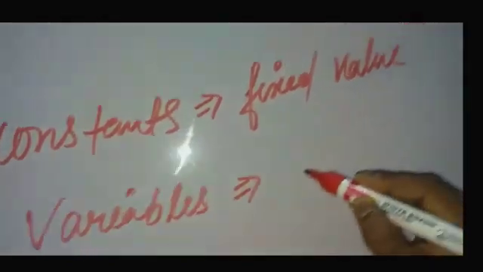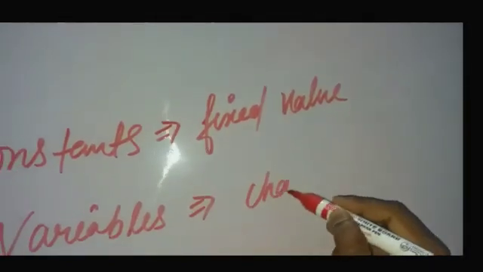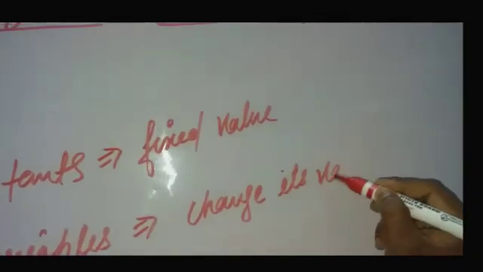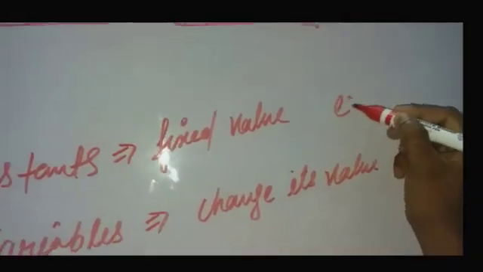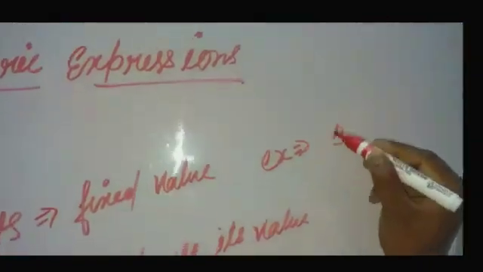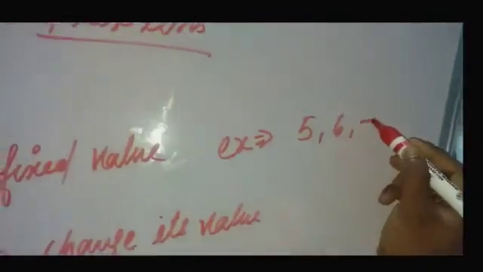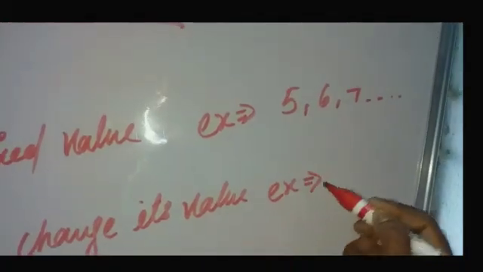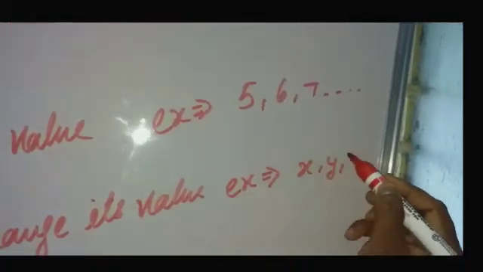Variable means change its value. Example of constant: 5, 6, 7, and so on. Example of variables: x, y, z, etc.